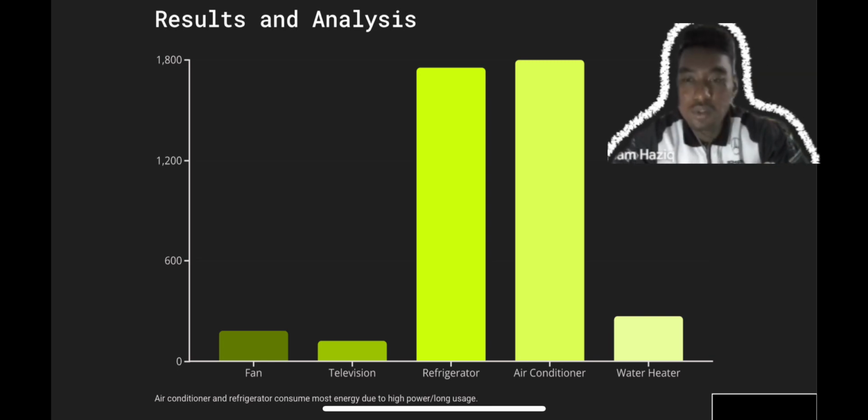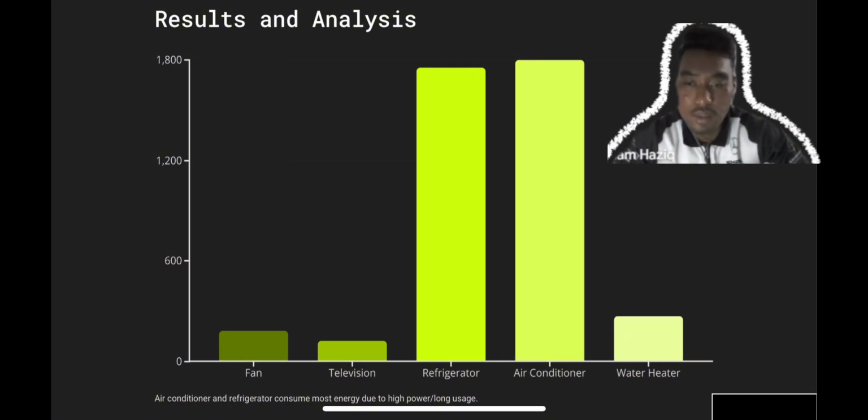This is because those two are mostly used daily and for a lot of time. The refrigerator we use for 24 hours, and the air conditioner we use for 6 hours and above.